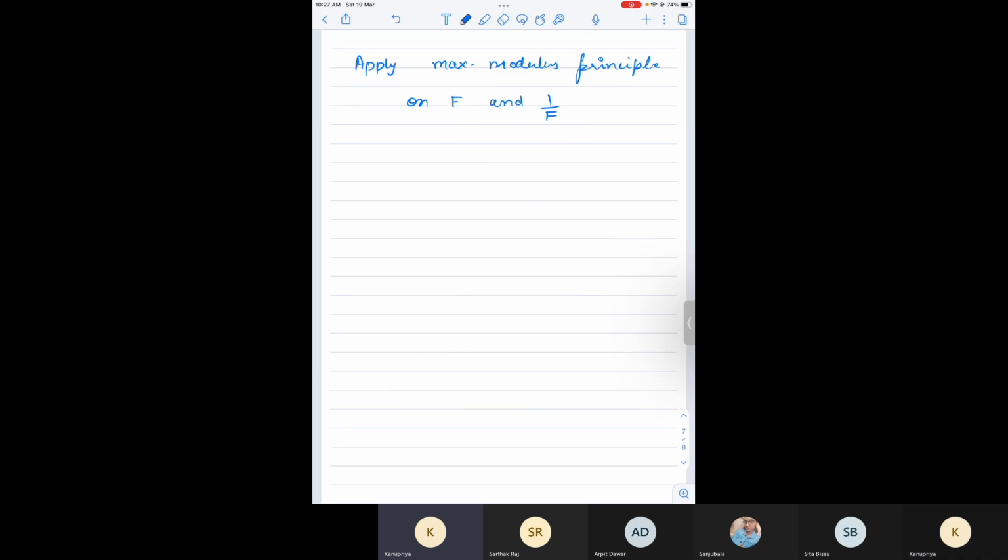Yes, Sanju, what can be the conclusion? You can realize that we can apply maximum modulus principle on both F and 1 by F. Is it fine?